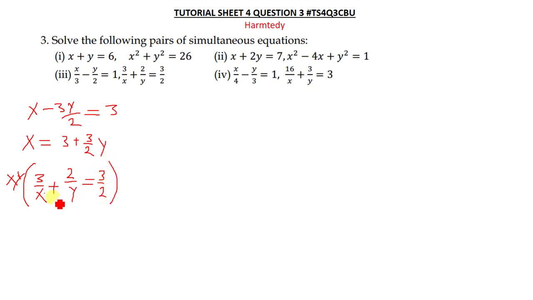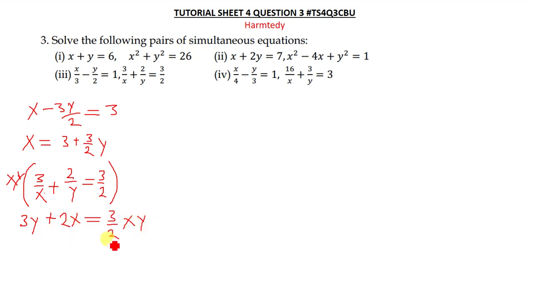So we multiply everything by xy. 3 times xy, x and x will cancel, meaning we're just going to remain with 3y. And then when we multiply this by xy, y will go, meaning we remain with 2x, and then this is just going to be 3 over 2 xy.